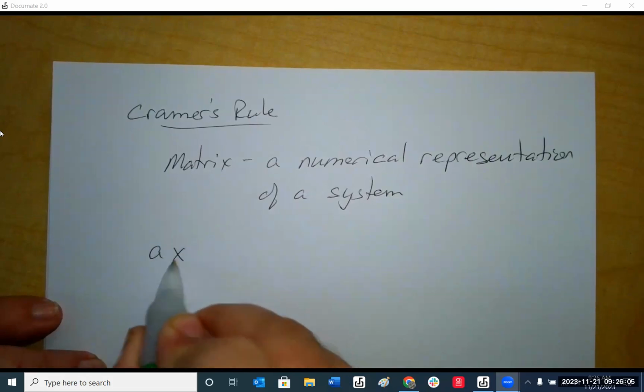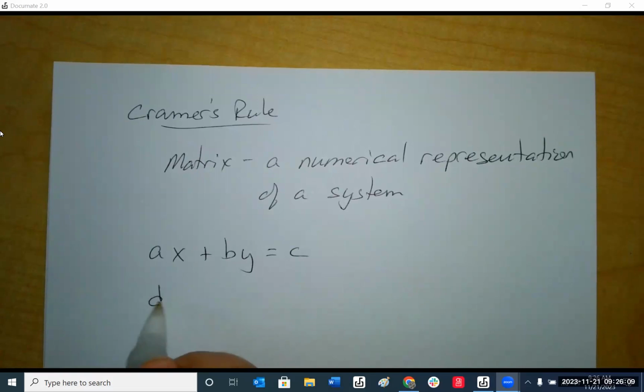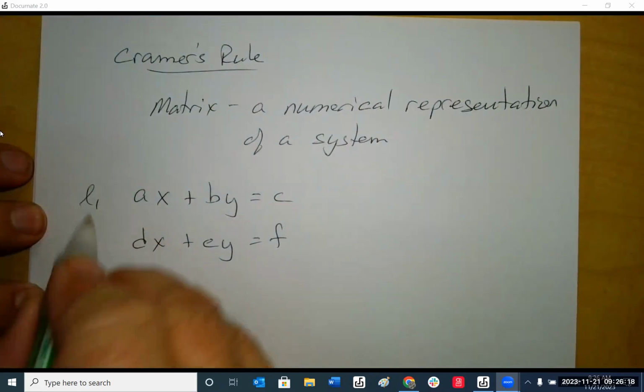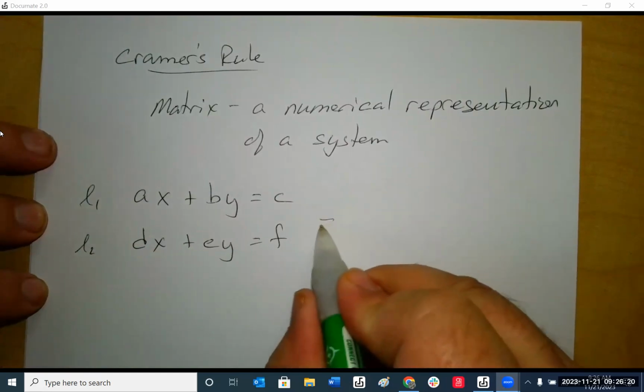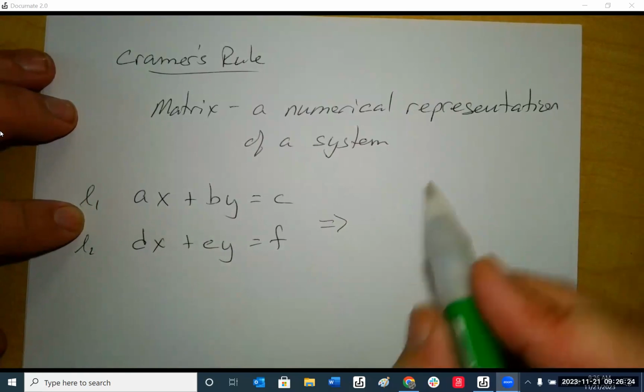So let's say we had ax plus by equals c, dx plus ey equals f. This is line 1, this is line 2. The way we do with matrices is we don't deal with the variables anymore.